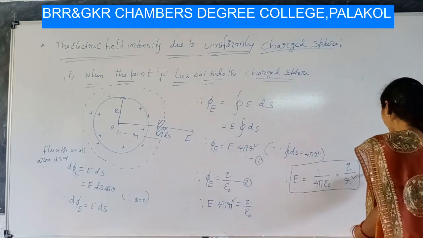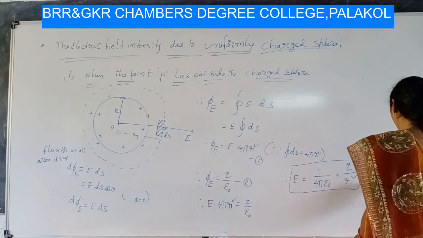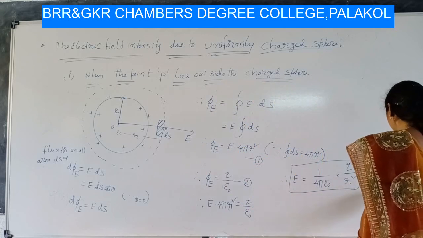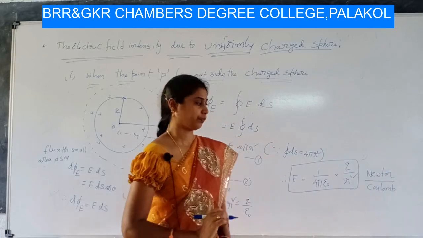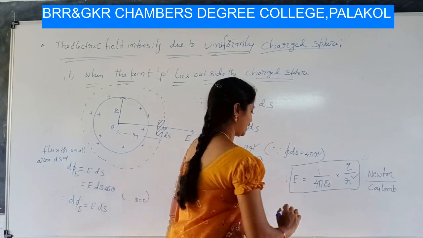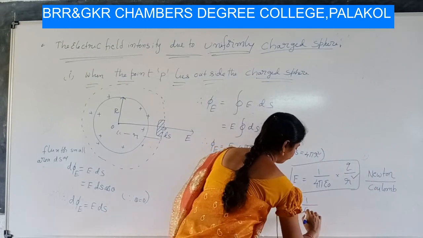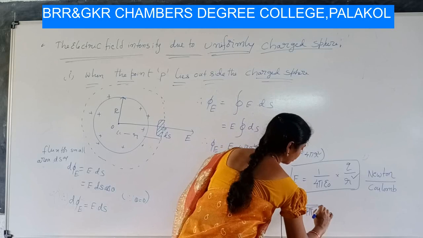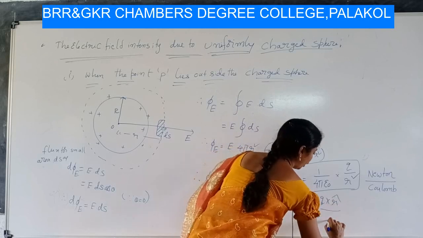The unit for electric field intensity is Newton per Coulomb. The vector form of this electric field is written as E equal to 1 by 4 pi epsilon naught Q into r cap by r cube.